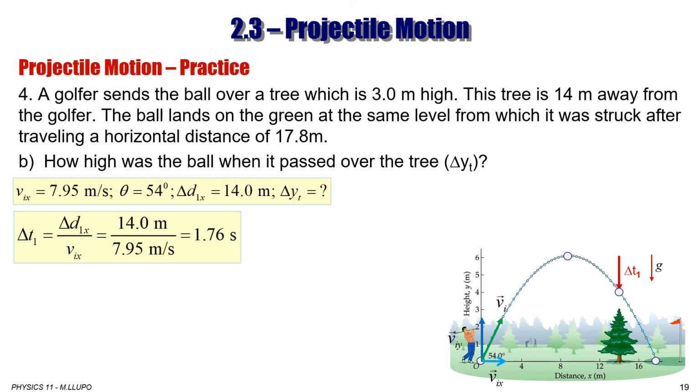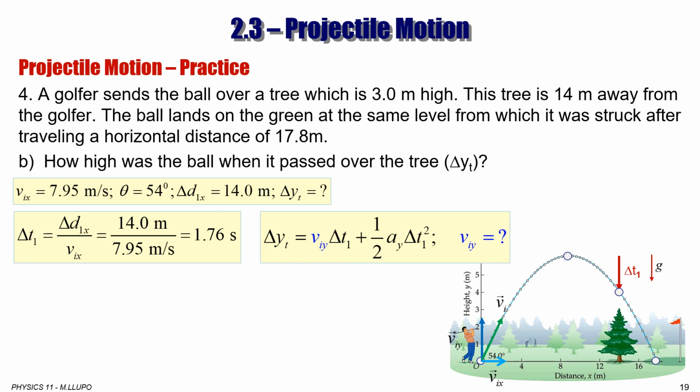So once you have time, we can calculate displacement. Delta y of the tree when the ball is right above the tree is equal to V initial y delta t1 plus half of a y delta t1 squared. But we don't know V initial y. But take a look.